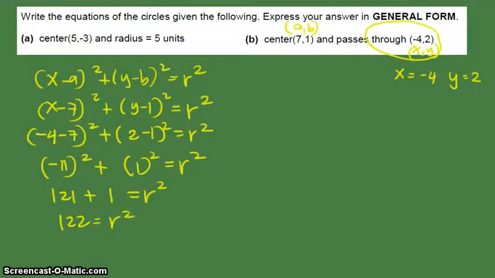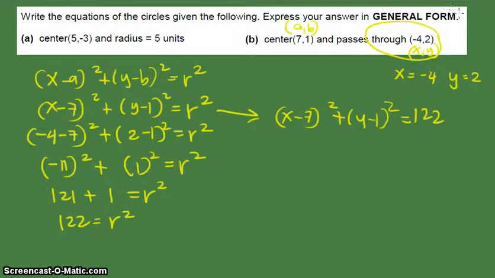Now take note that you're looking for the equation of the circle, and the right side of the equation is already r². So there is no need to find the square root of this number, because all you need is r². So from (x - 7)² + (y - 1)² = r², this will become (x - 7)² + (y - 1)² = 122.